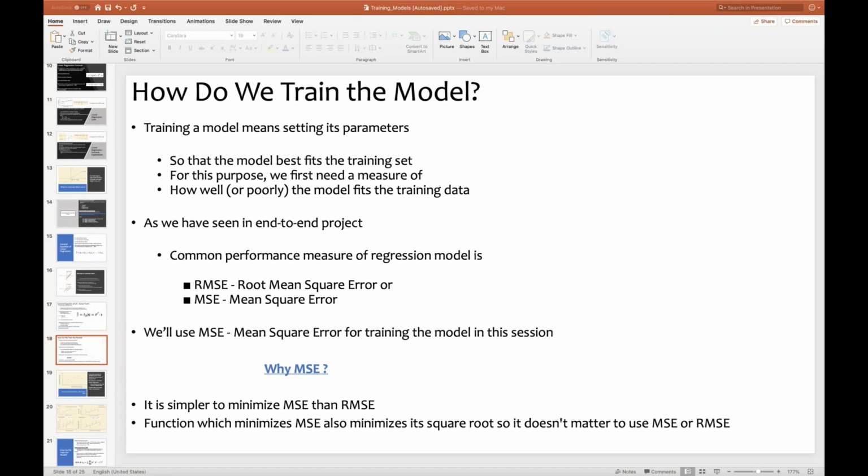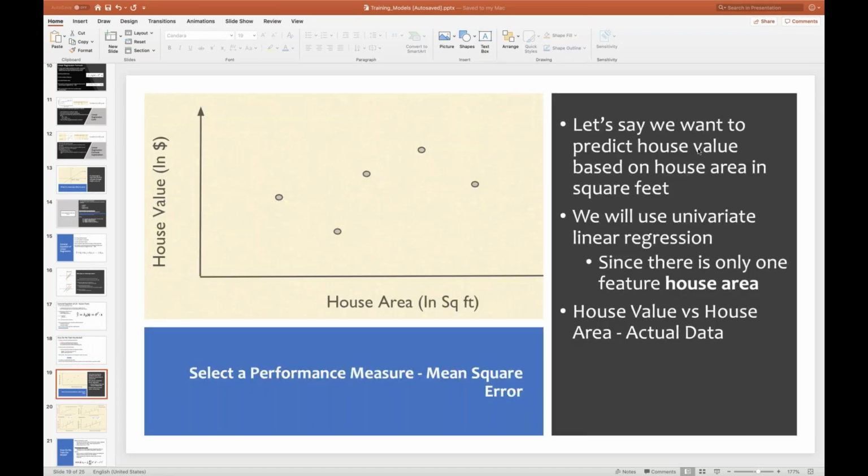Okay. Now, see here. Try to understand, look at the diagram carefully. This is my housing area on the x-axis. This is my housing value on the y-axis. Now, let's say we want to predict a house value based on the house area in square feet. Perfect. We will use univariate linear regression because there's only one feature called housing area. Now, house value versus house area actual data.